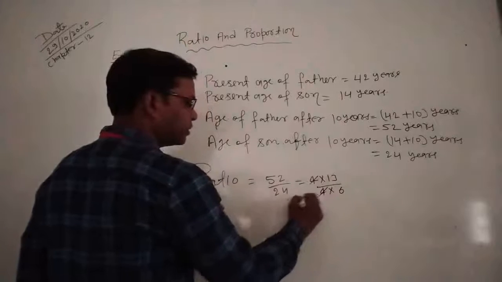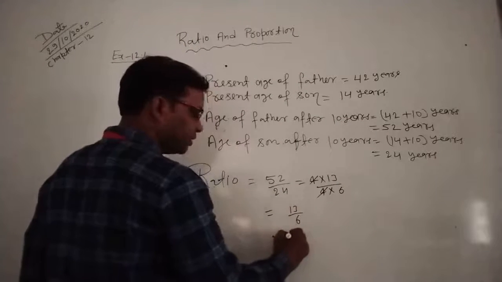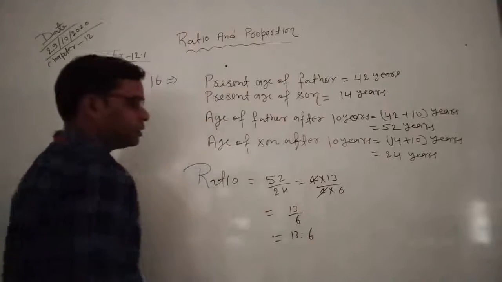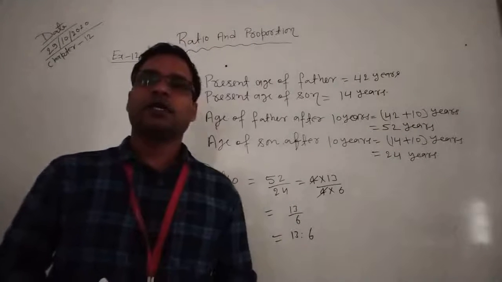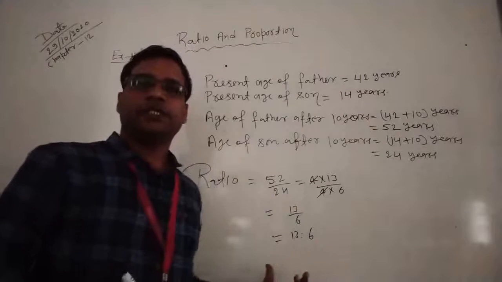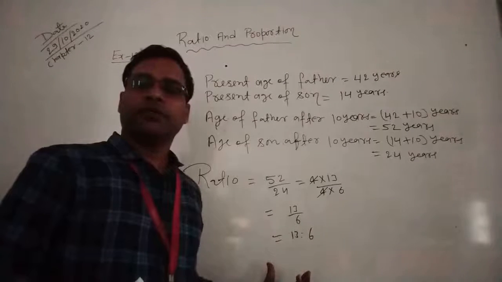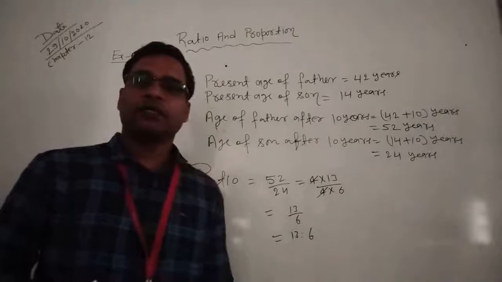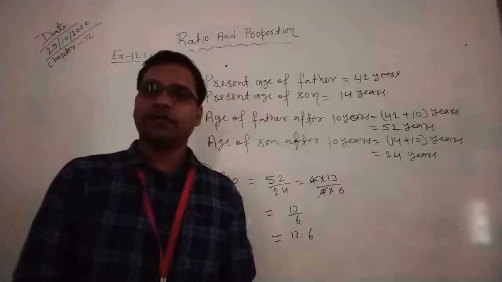So here 4 cancels, we obtain 13 by 6, or you can say 13:6. This is the required ratio, the age of the father after 10 years to the age of the son after 10 years. So students, I hope all of you understood this question.